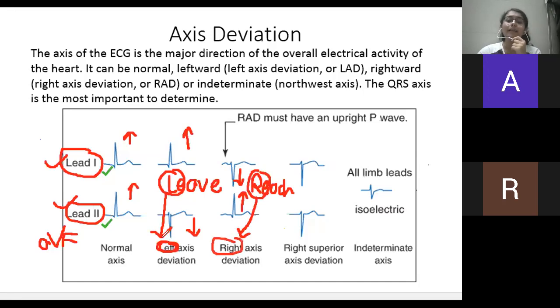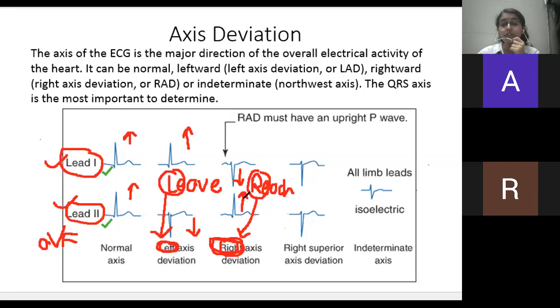So you can find left axis deviation in, say, left ventricular hypertrophies, left bundle branch blocks, or you can see right axis deviation in right ventricular hypertrophies or right side heart failures, and cor pulmonale, or say in right bundle branch block.